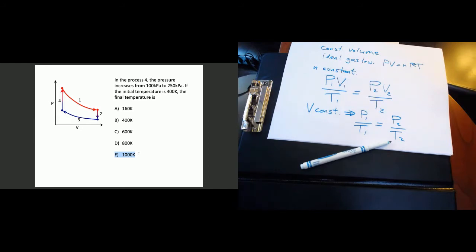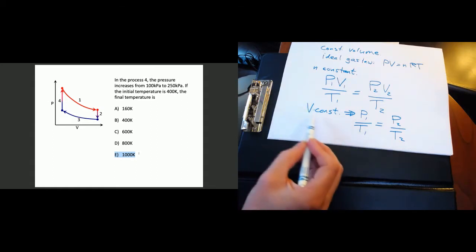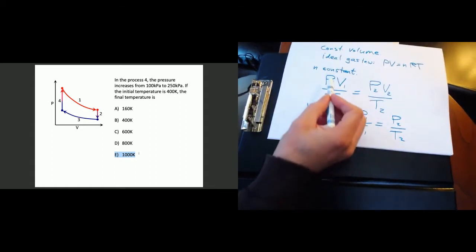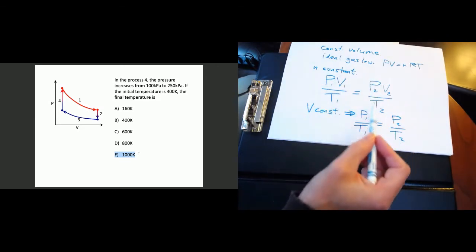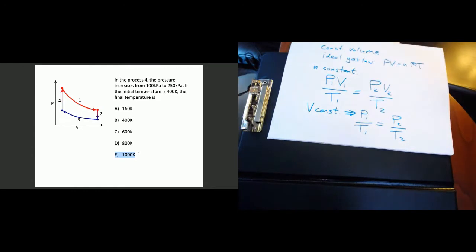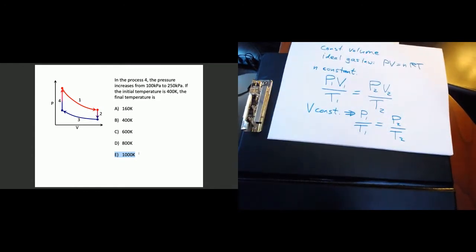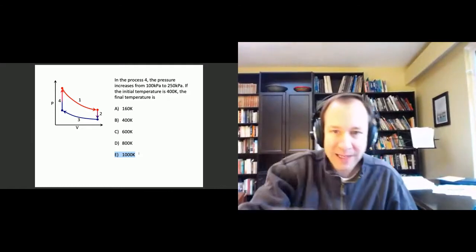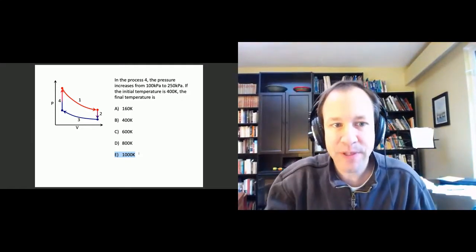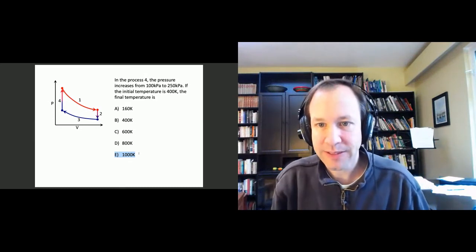So I'm emphasizing this because this method works even if volume is not constant. If pressure is constant, what you do is cancel off the pressure and you get V1 over T1 equals V2 over T2. If temperature is constant, you get P1 V1 equals P2 V2. So in many situations, if you're wanting to figure out the final values of pressure or volume or temperature after a process, that's the process that you'll take.